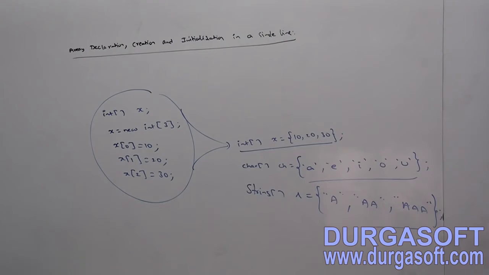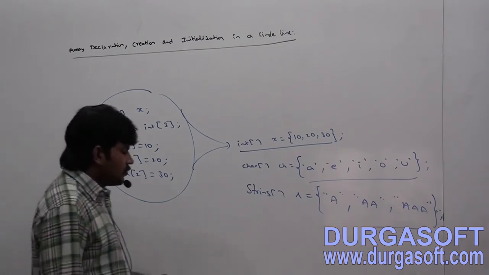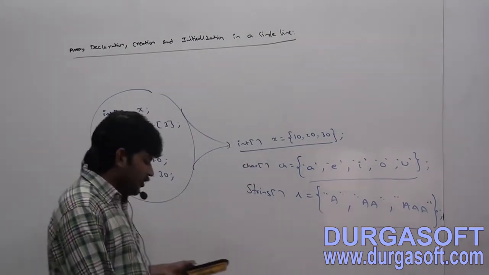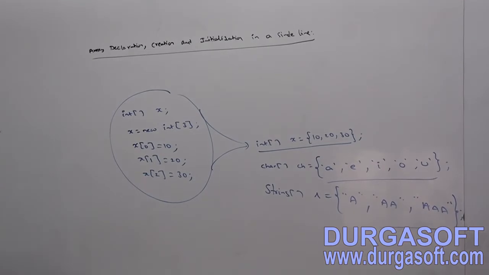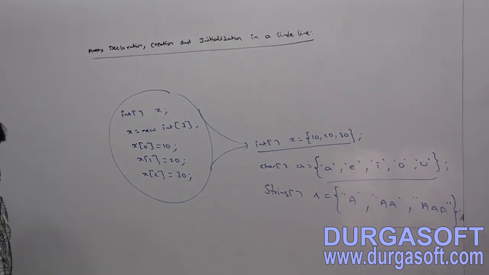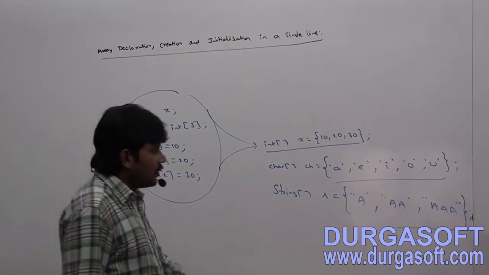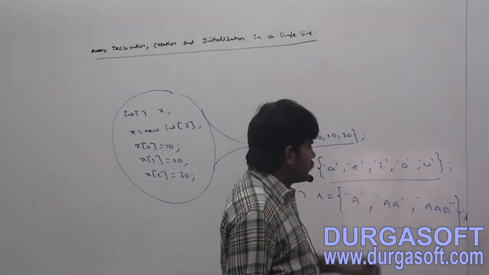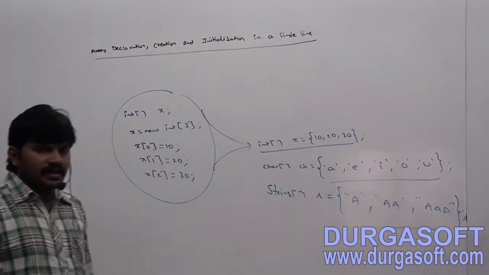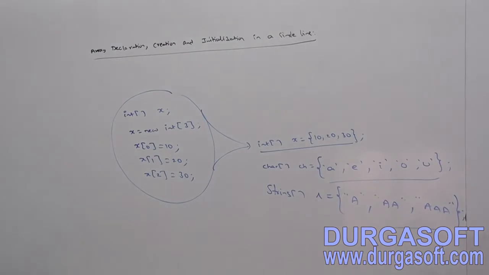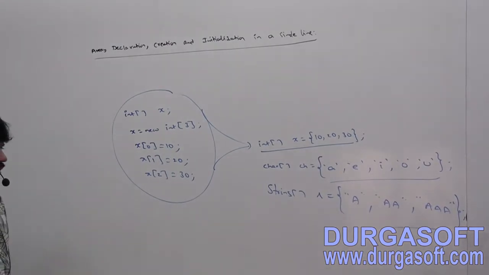Like char array ch is equal to a, e, i, o, u. Next, string array s is equal to a group of strings, like this. Are you getting it?